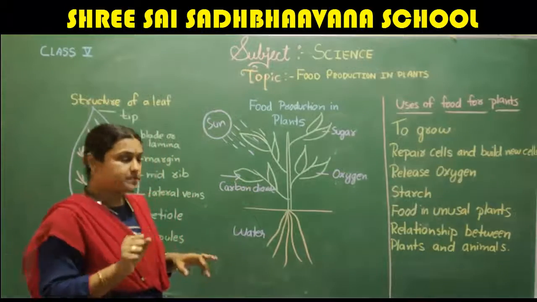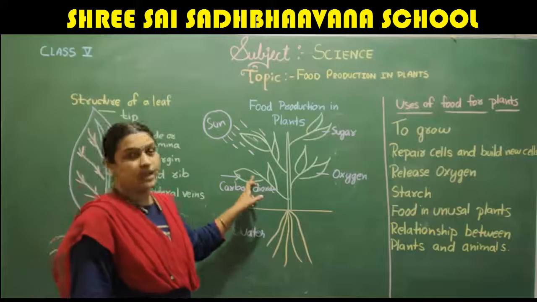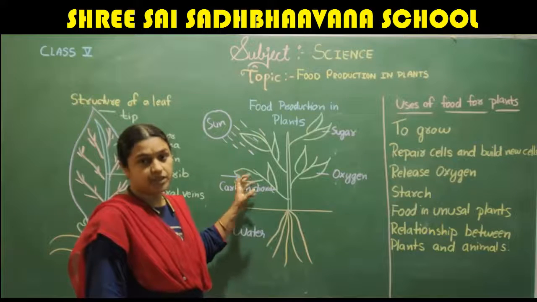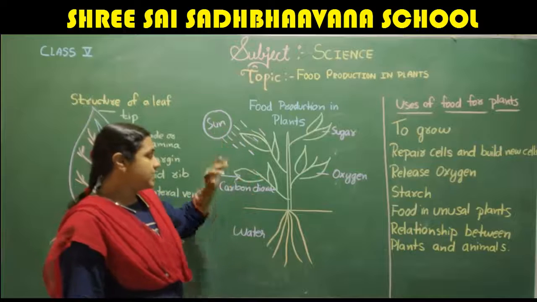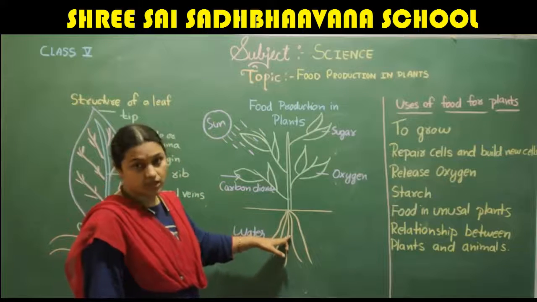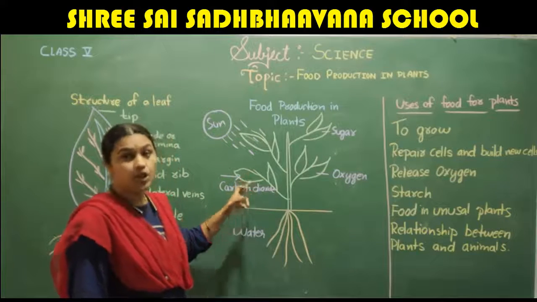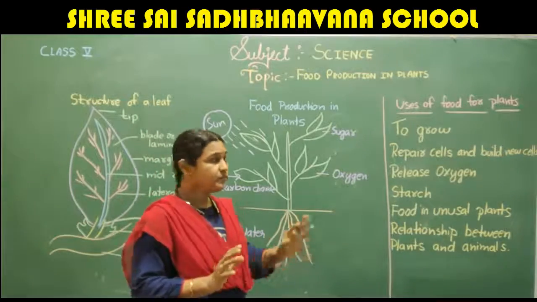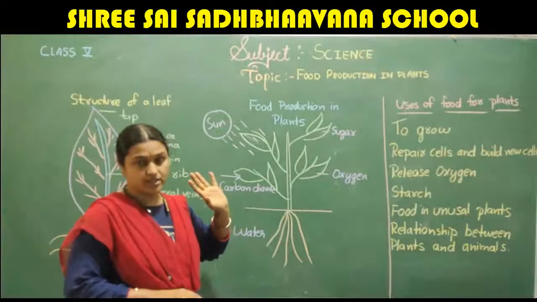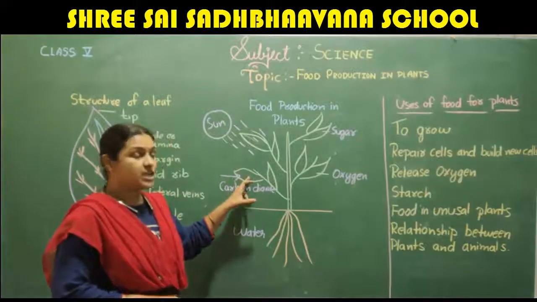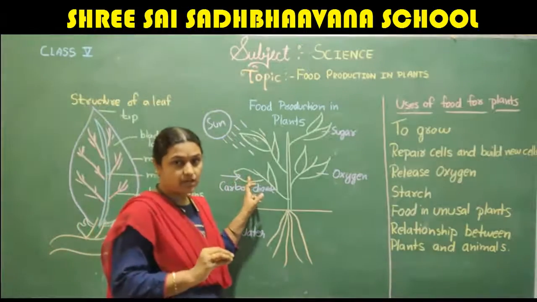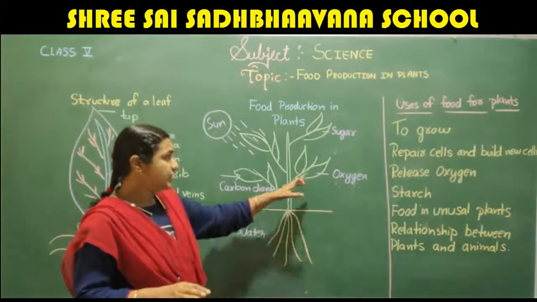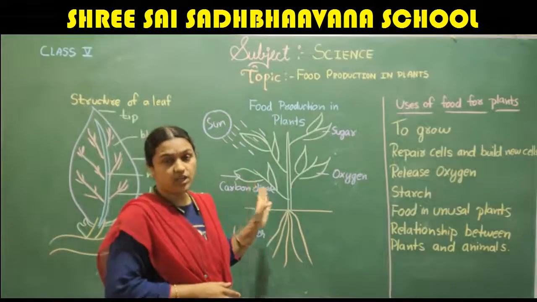This will help in absorbing the carbon dioxide from the air. Now, the sunlight, the carbon dioxide and the water and mineral present in the leaf will convert into the food which the plant requires. So once the food is prepared, it will start circulating to all the parts of the plant.